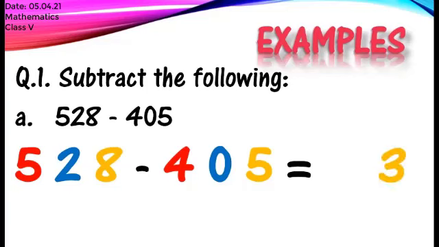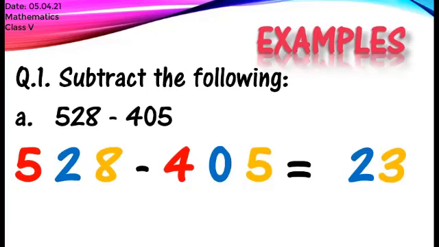In the same way, 2 is on the tens position in the larger number, and 0 is on the tens position in the smaller number. So 0 subtracted from 2 gives us 2 itself. The last one, 5 is on the hundreds position in the larger number, and 4 is on the hundreds position in the smaller number.